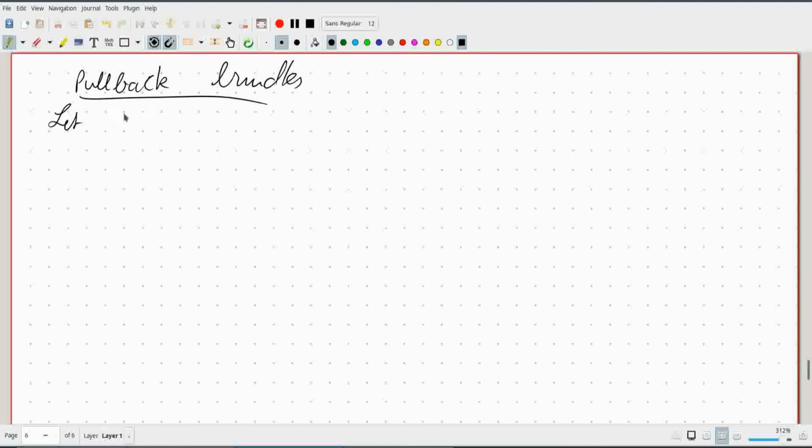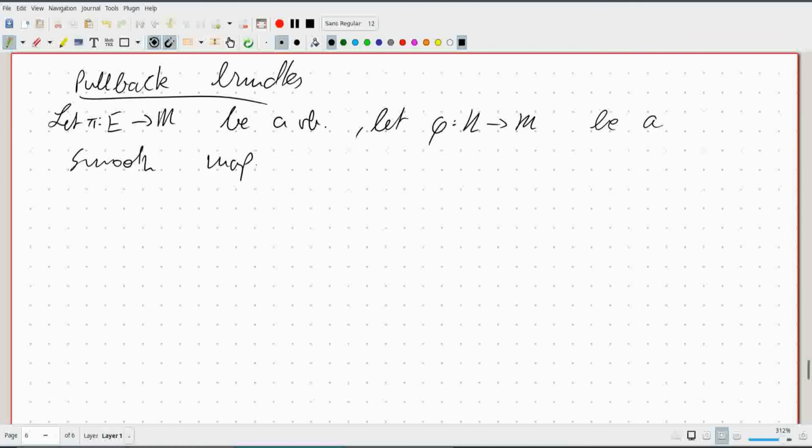So we have a vector bundle E on M, and we have a smooth map phi from another manifold N into M. Then we define what is called the pullback of E by phi to be, in terms of manifolds, the fiber product N times E over M.